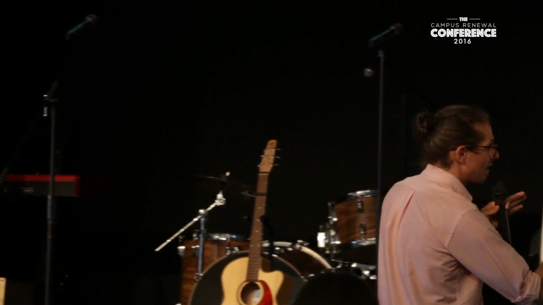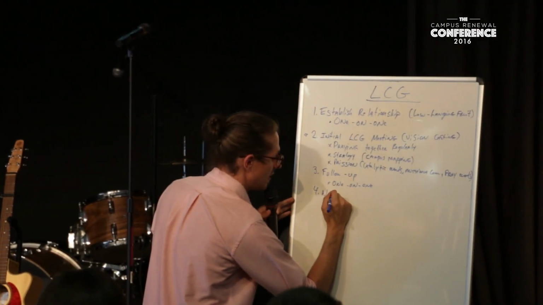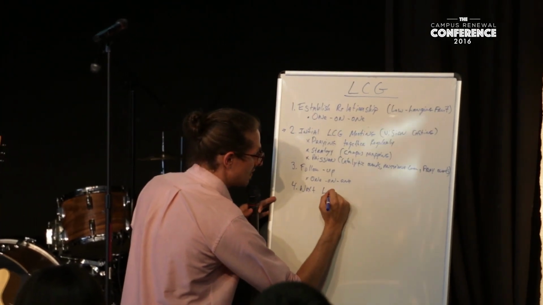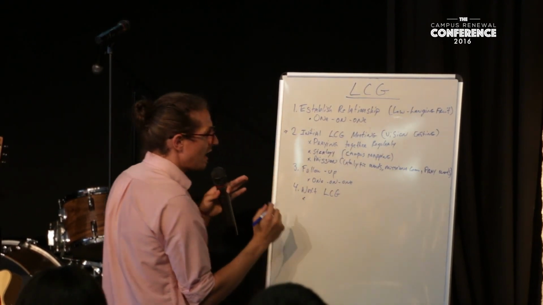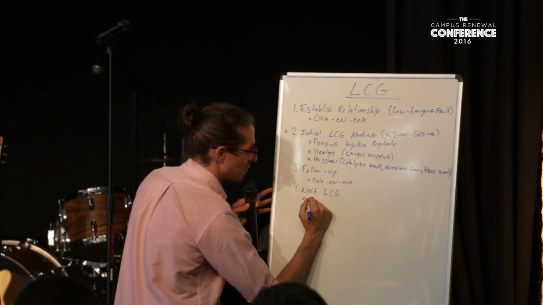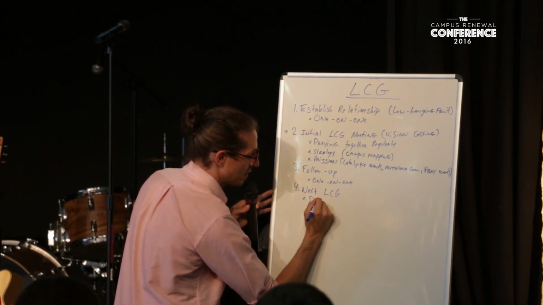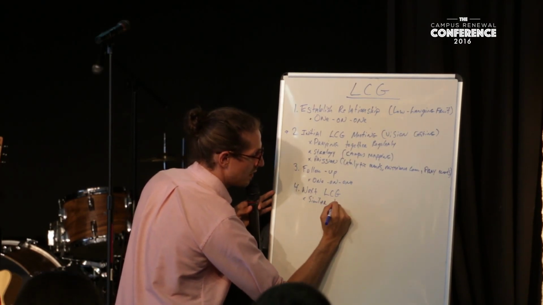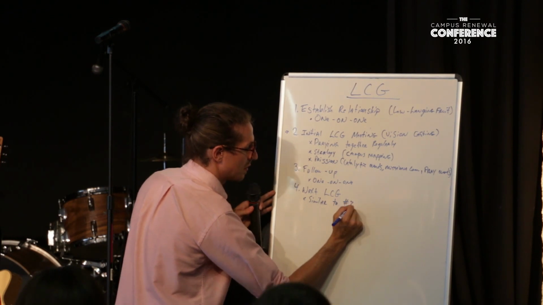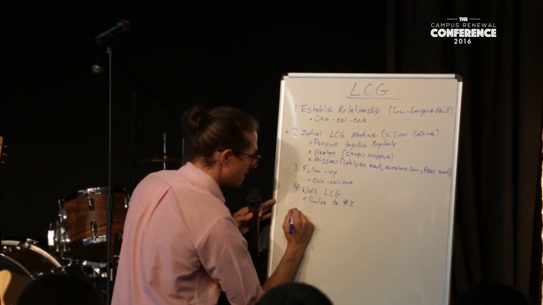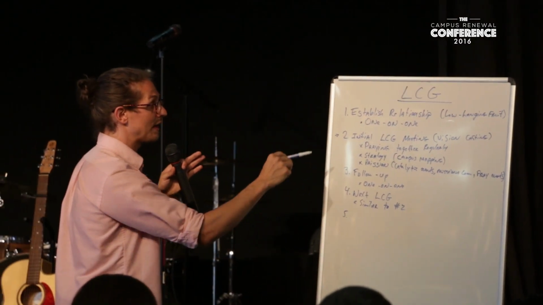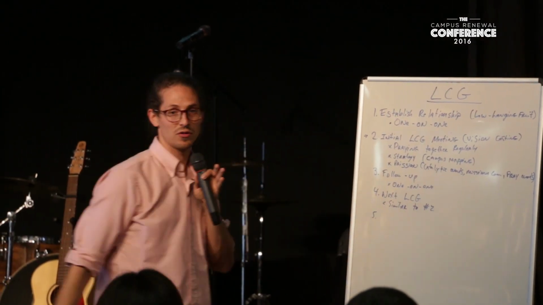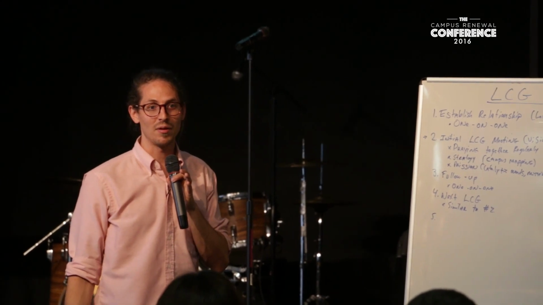And then essentially you have your next LCG. It's going to look kind of like your initial one, similar to number 2. The reason why it's going to look kind of similar is because you might have a lot of new folks at that one.